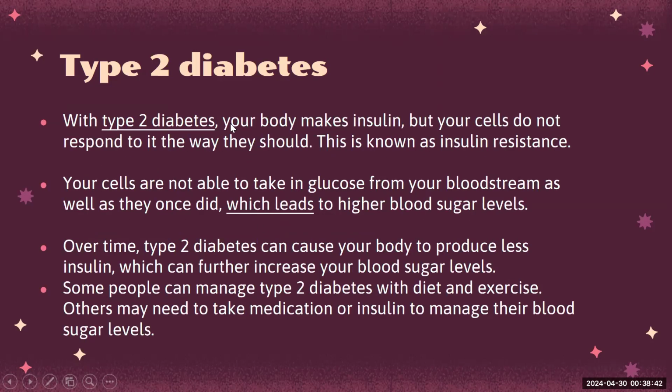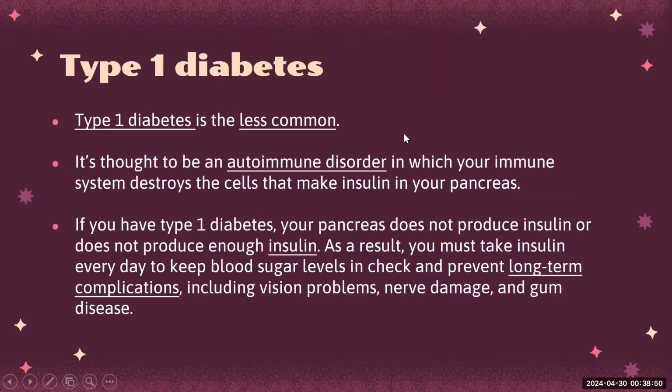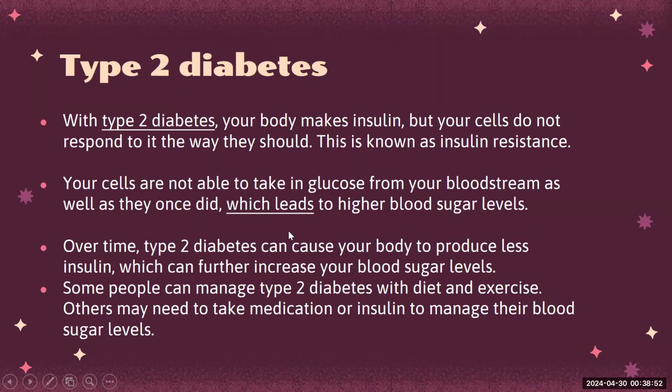But in diabetes 2, your body makes insulin, but the cells don't respond to it the way they should. This is called insulin resistance. So your cells are not able to take glucose from the bloodstream as well as they once did, which leads to a high blood glucose level.